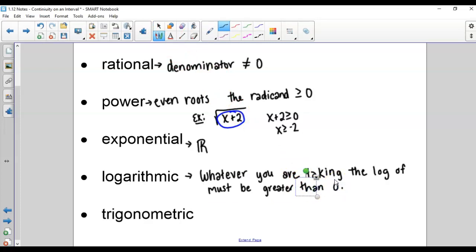And greater than, not greater than or equal to. You cannot take the log of 0.